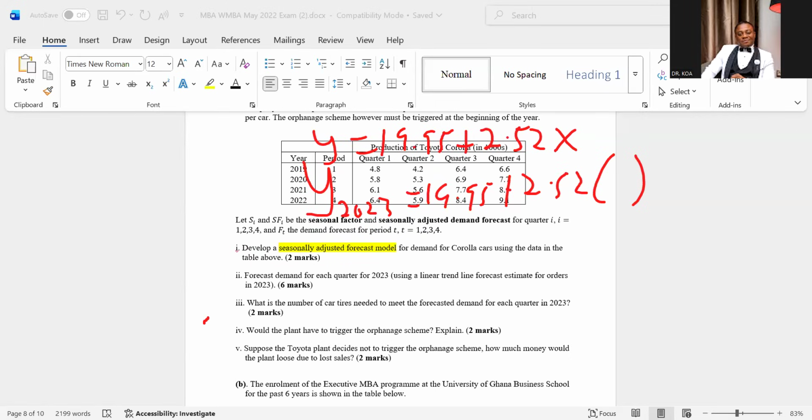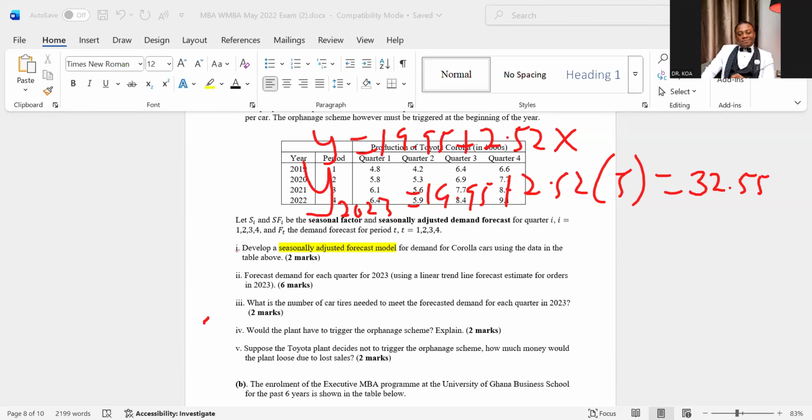We have period 1, 2, 3, 4. So the period we are trying to forecast demand for is 5. You substitute the 5, and when you do that correctly, you get 32.55. Check it. So that is the demand for period 5.